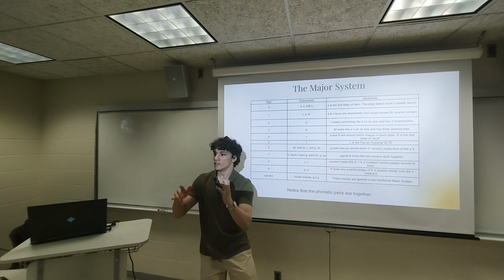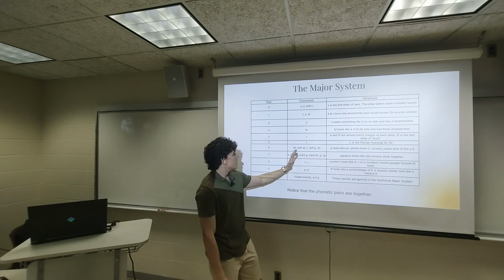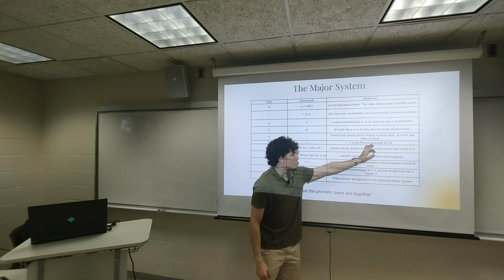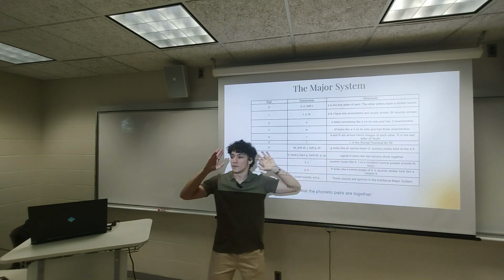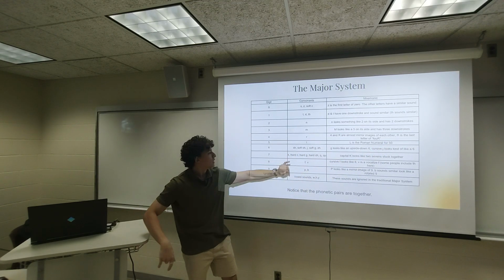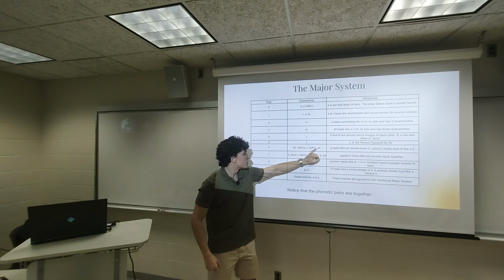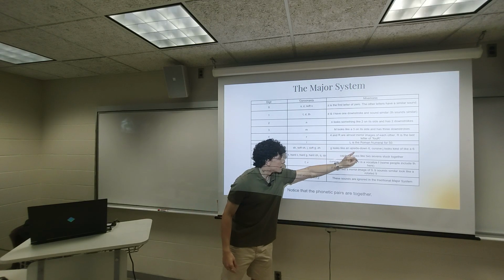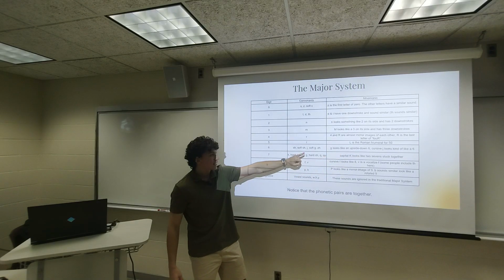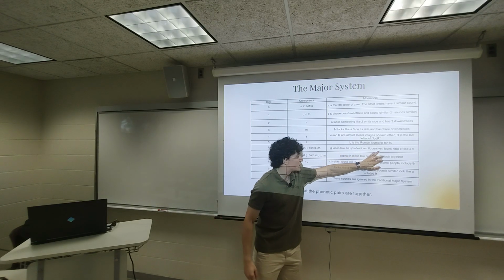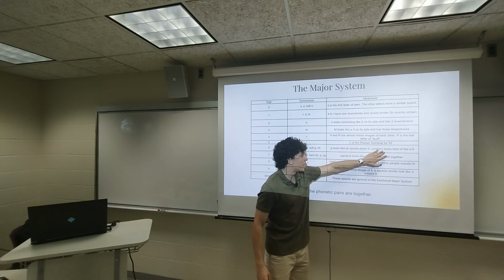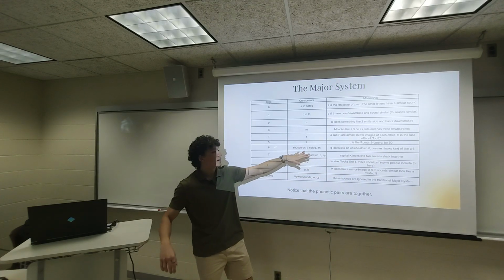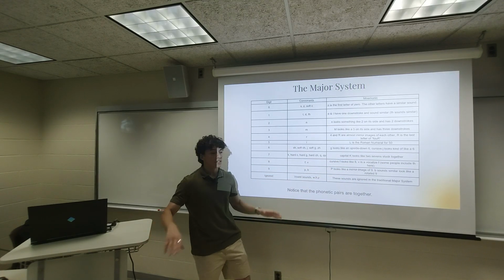So R is 4. L is the Roman numeral for 50. So remember, L is 5. G, which is basically the soft G, ja, je, ji, jo, or anything like that, looks like an upside down 6. Cursive J looks kind of like a 6, so you can use that.